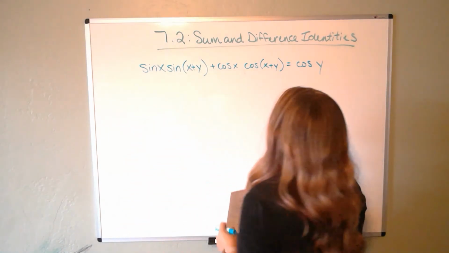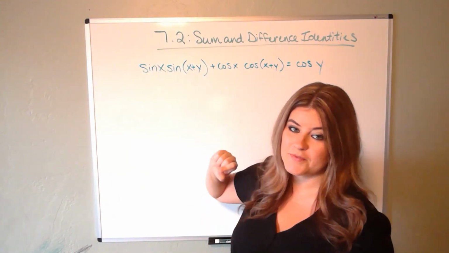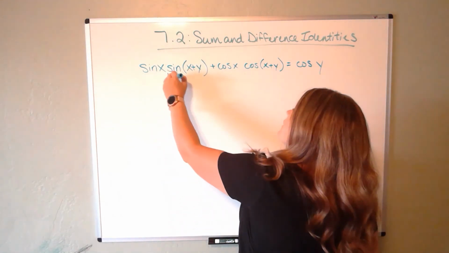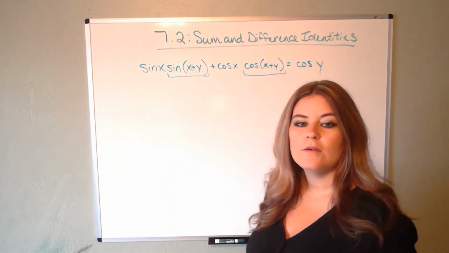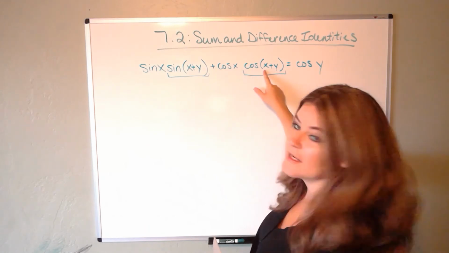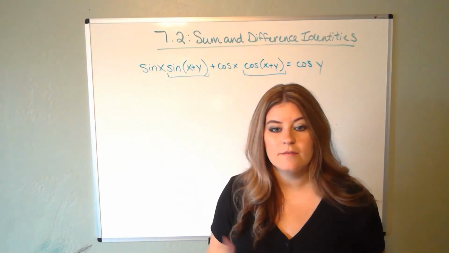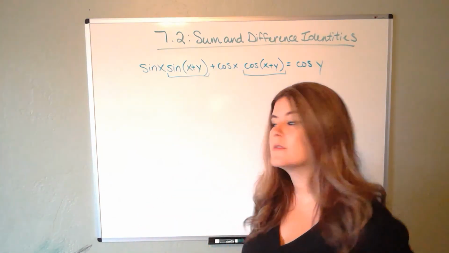Okay, so this looks bad, but I'm going to make it look worse. You guys, it's going to get worse before it gets better on this one. Can you spot a couple of sum identities here? Looks to me like sine a plus b and cosine a plus b. Remember, I don't have to have just numbers here. In this case, they're just different variables, but the identities still hold.